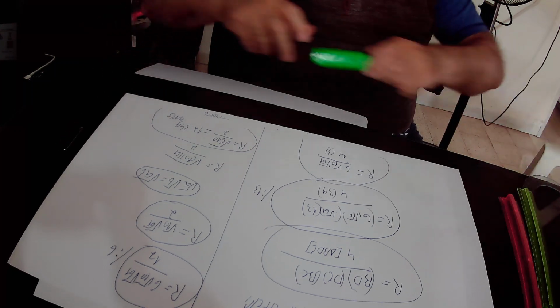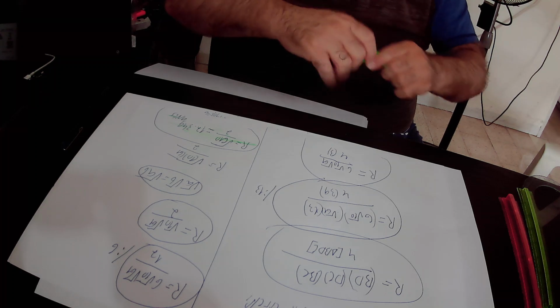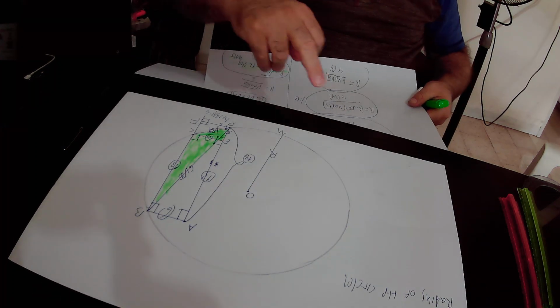In the next step I will present to you how to find the radius of this circle according to the second method.